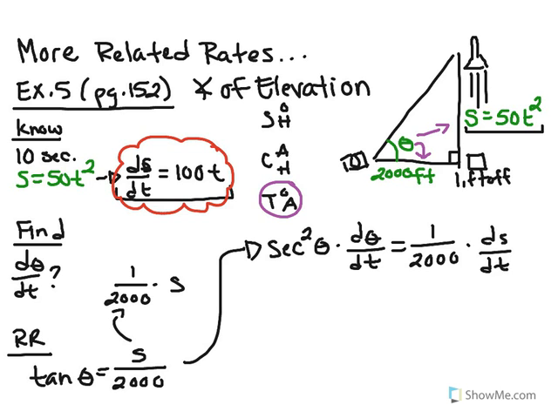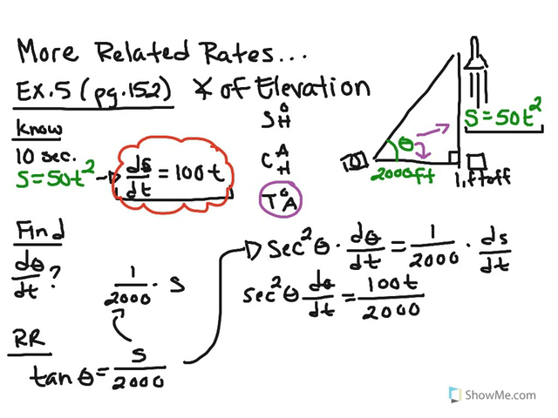So I know that secant squared theta and then d theta dt is equal to, and then ds dt was 100t, so I'm going to write that in my numerator, just like so. And then what am I going to do for theta? How do I know what to do there?